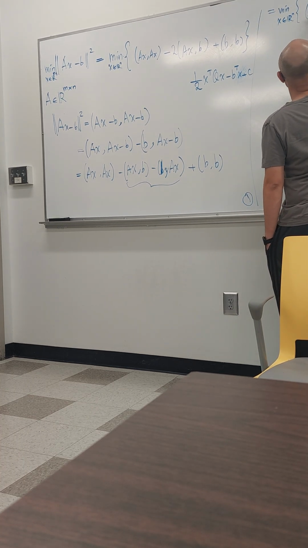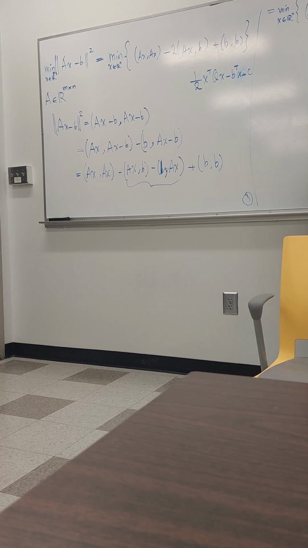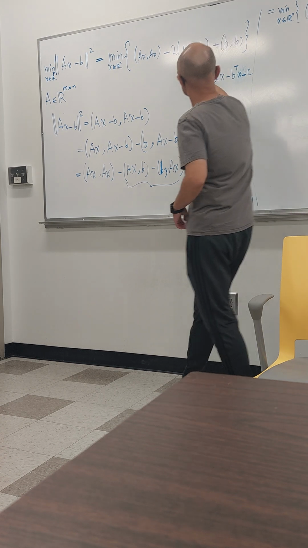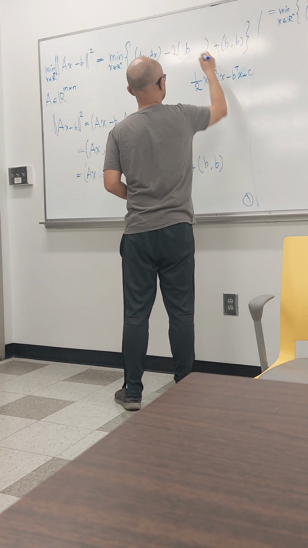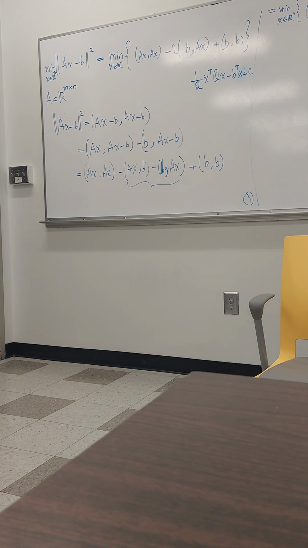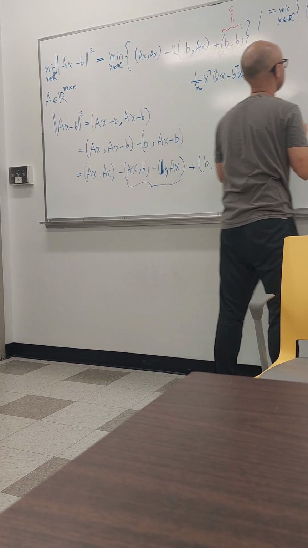So the first one is AX transpose times AX minus 2 times AX transpose times B, so we have B transpose AX, and then plus a constant C, where this C is defined by this B norm squared.